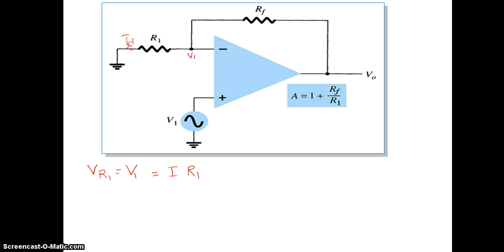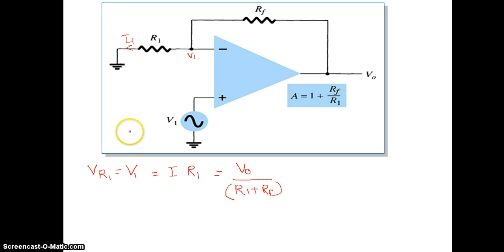Now, what is I1? The voltage VO will come across this branch; that is the only voltage here. So I can write the current as the whole voltage, that is the output voltage, divided by R1 plus RF.